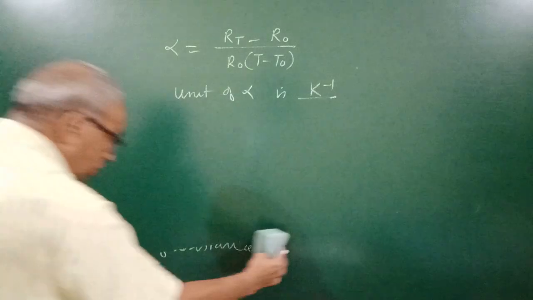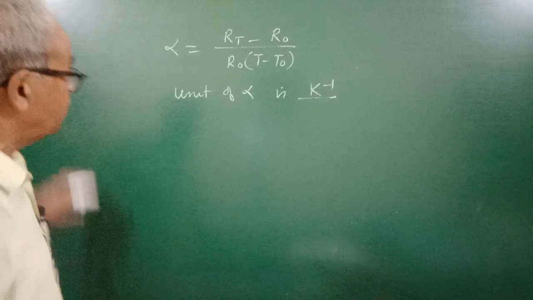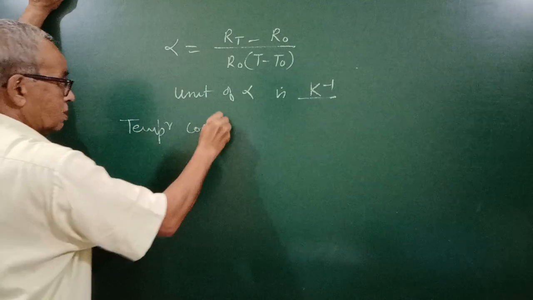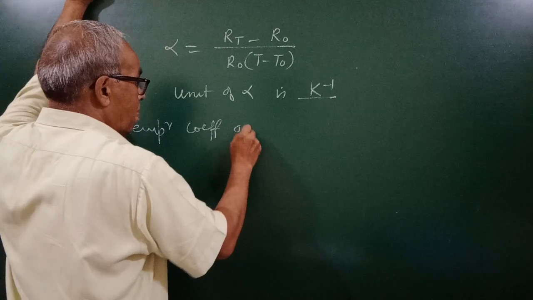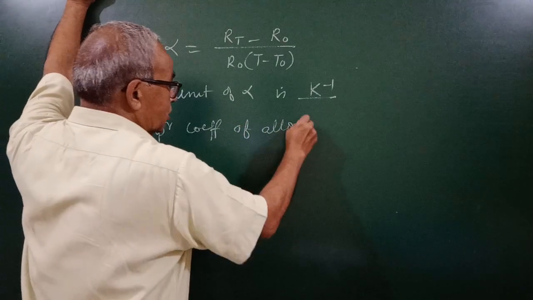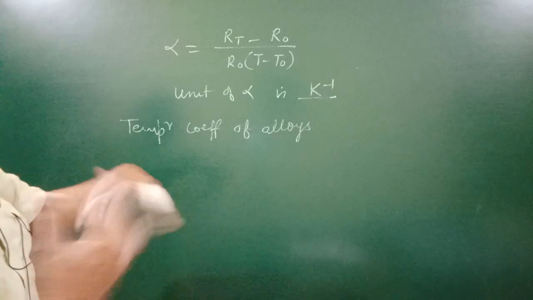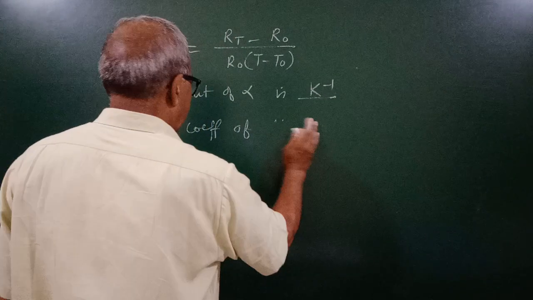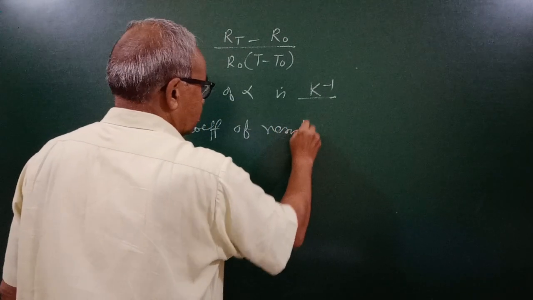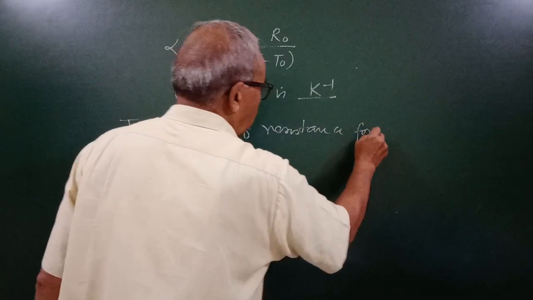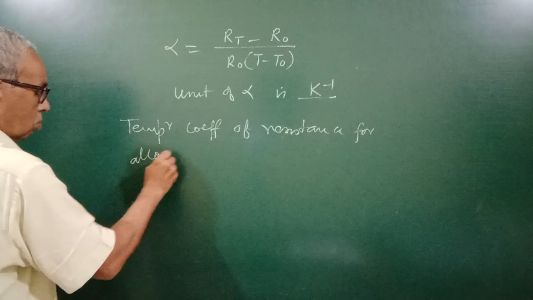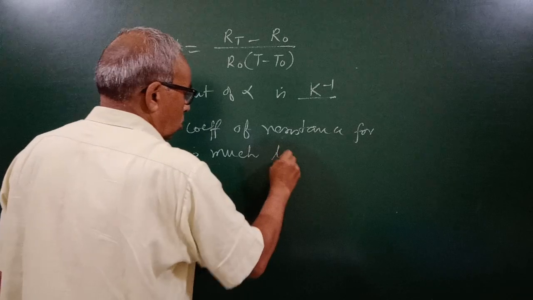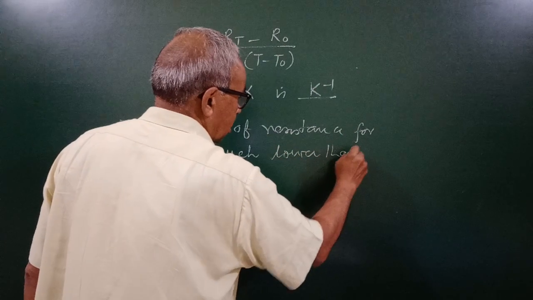The temperature coefficient of resistance for alloys, which are obtained by mixing different metals and non-metals together, is much lower than for metals.